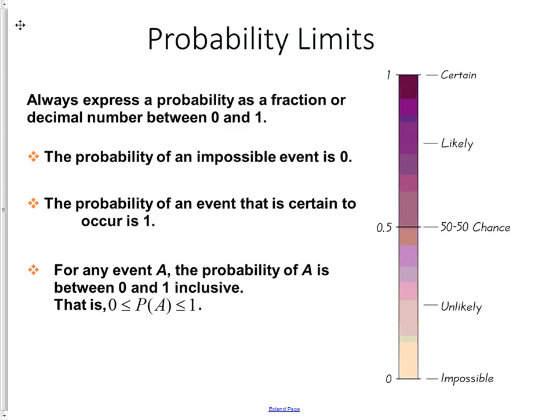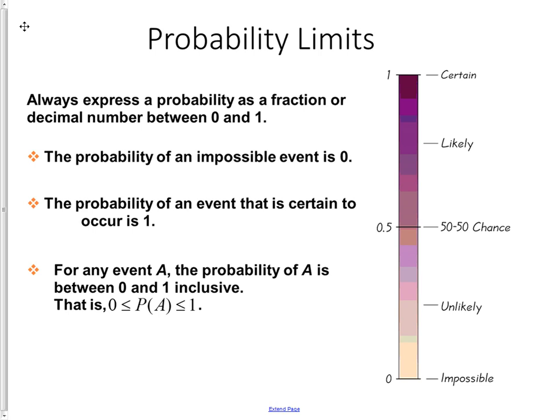Some rules about probability that you should know. First of all, anytime you compute a probability, that number has to be a fraction or a decimal with a value between 0 and 1. If the probability of an event happening is 0, that means it's impossible.